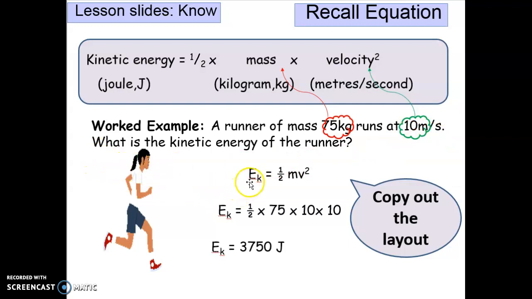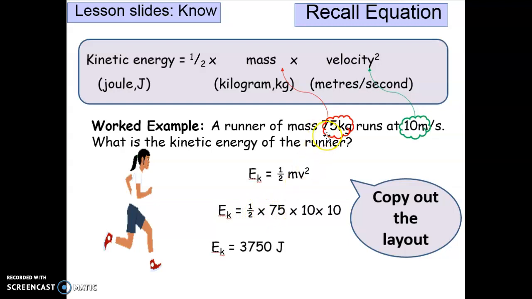So their kinetic energy, and can you see the symbol, similar to last time, a big E and this time a small k standing for kinetic, is half times mass times velocity squared. Notice when you write the shorthand that we often leave out the multiplication sign. Okay, so we put in a half. Now on a calculator that's 0.5. So don't get confused by that.